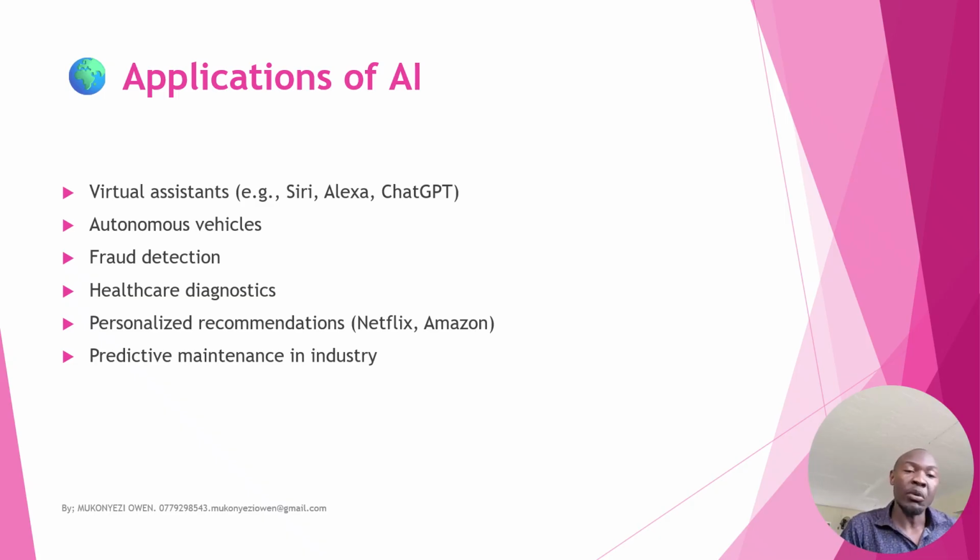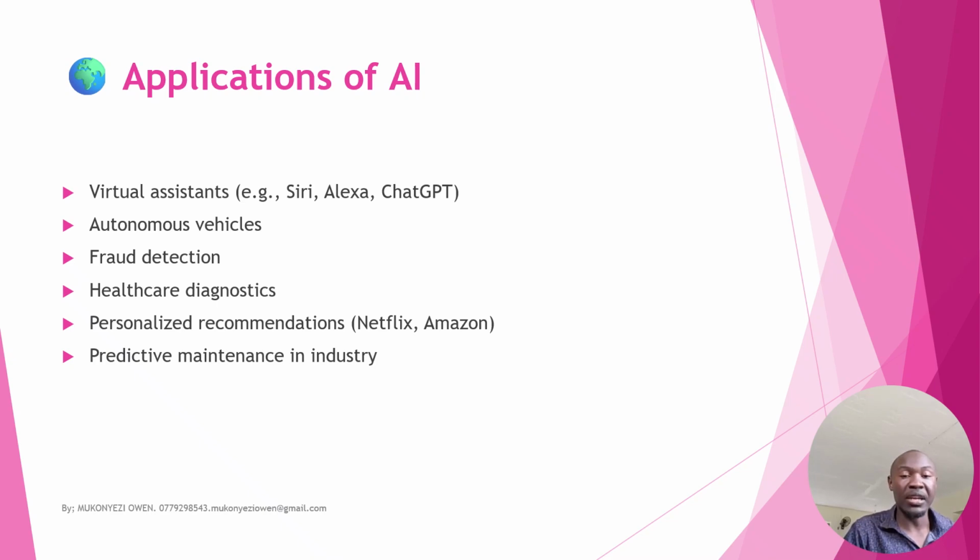Then we have healthcare diagnostics, which help to find out the disease that you are suffering from, and help to know the medicine that you should take, and all that. Then we have personalized recommendations like Netflix, Amazon, and others.